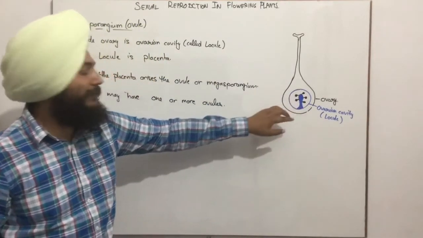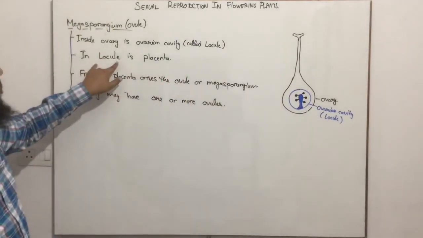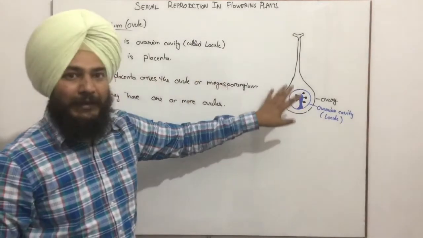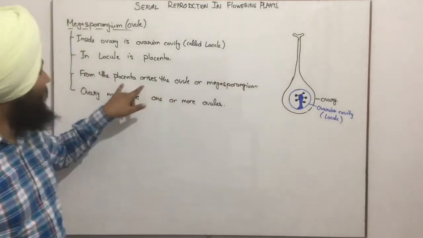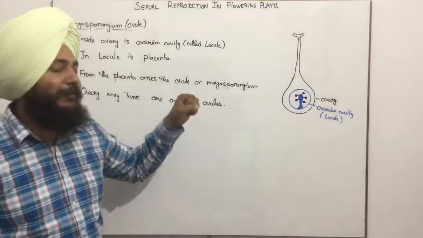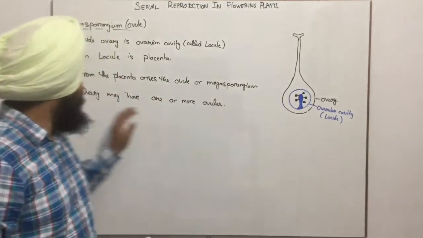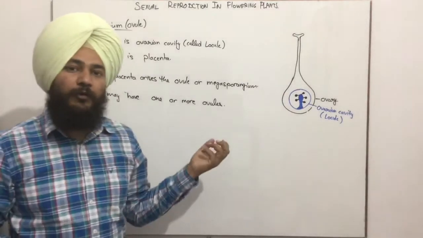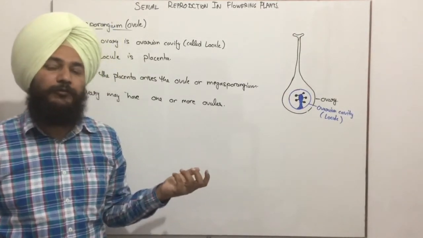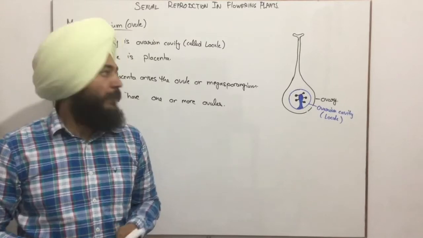This blue cavity is the ovarian cavity. Then in the locule there is a placenta, and on the placenta the ovules will arise, and there can be one ovule or more than one ovule in an ovary.